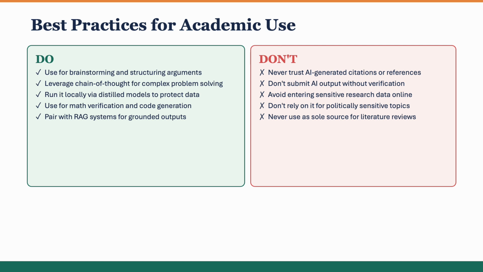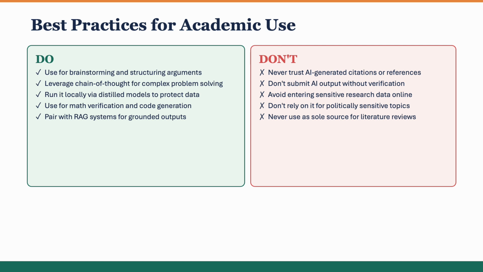Do verify every single citation it generates. As we discussed, research published on ScienceDirect shows citation accuracy varies significantly by domain, and a study on ResearchGate found that while DeepSeek provided 85% correct citations in some fields, it also generated partially correct or fabricated references in others.